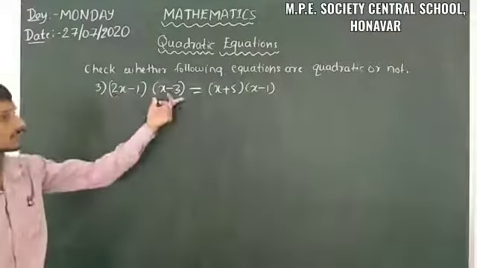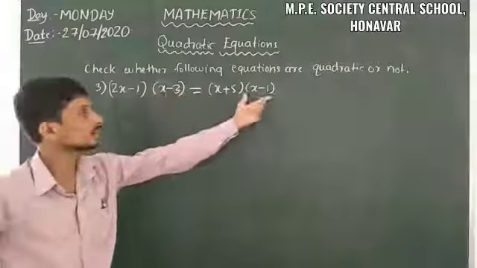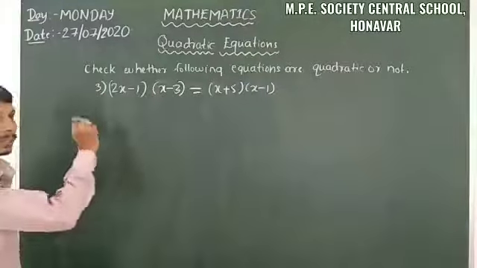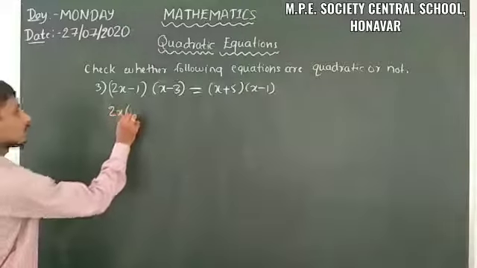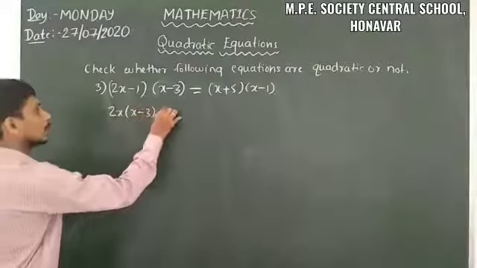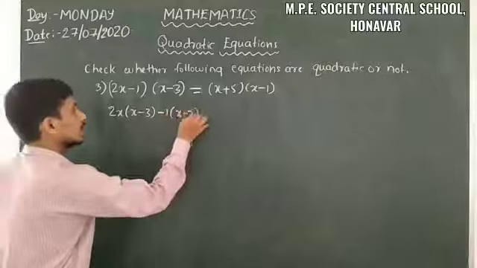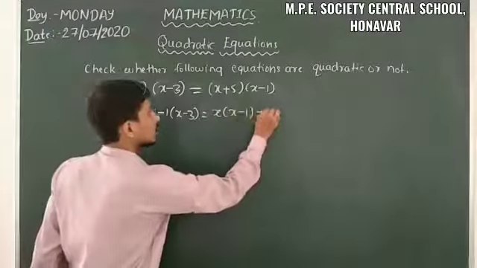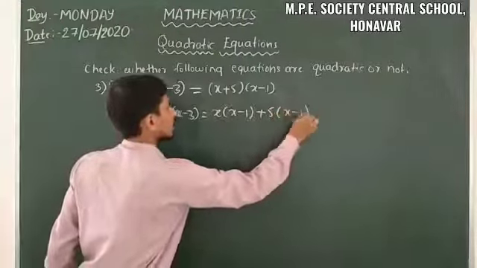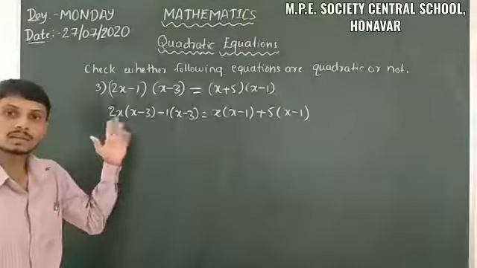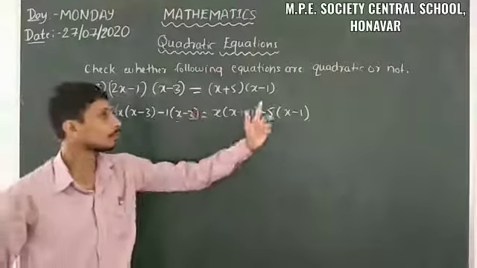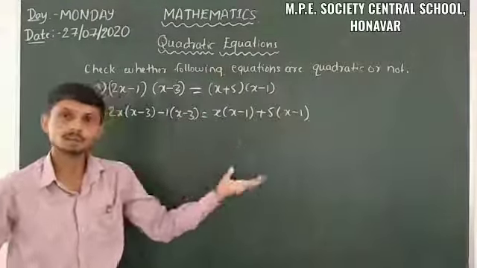So firstly I will consider this as a monomial, and this is also a monomial, and it's a binomial. So multiply that one. 2x into x minus 3, minus 1 into x minus 3, is equal to x into x minus 1, plus 5 into x minus 1. After here it will convert into monomial and binomial. So likewise we have to multiply.